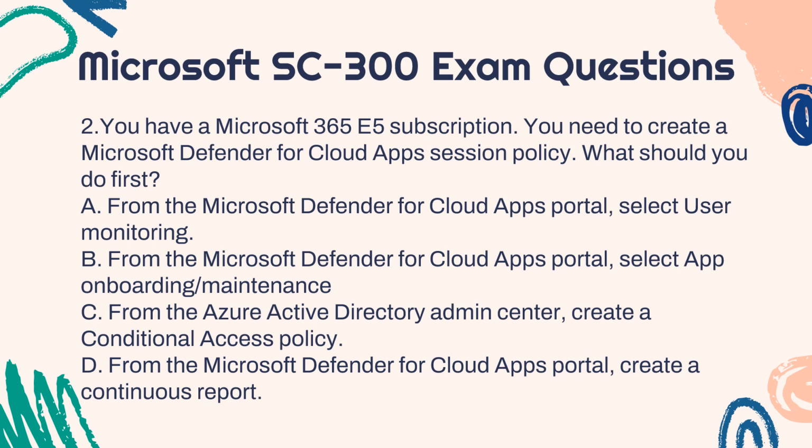B. From the Microsoft Defender for Cloud Apps portal, select App Onboarding, Maintenance. C. From the Azure Active Directory Admin Center, create a conditional access policy. D. From the Microsoft Defender for Cloud Apps portal, create a continuous report.